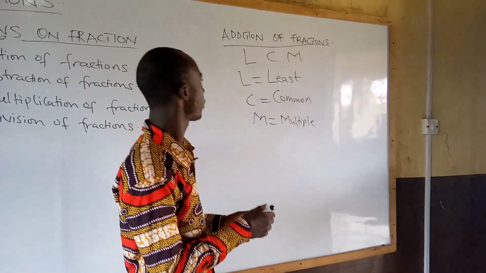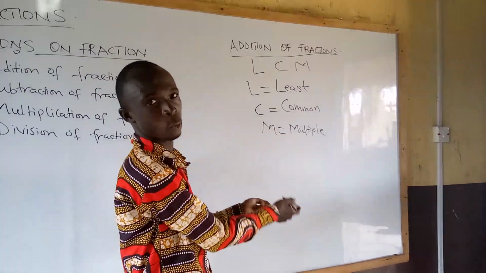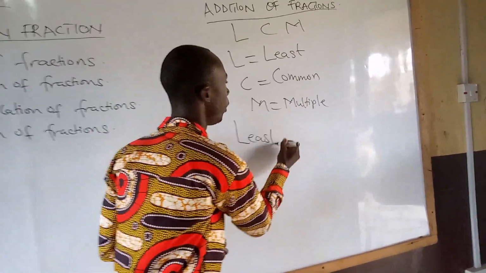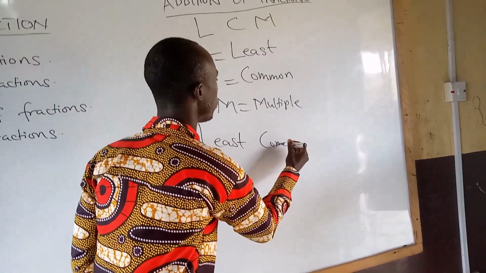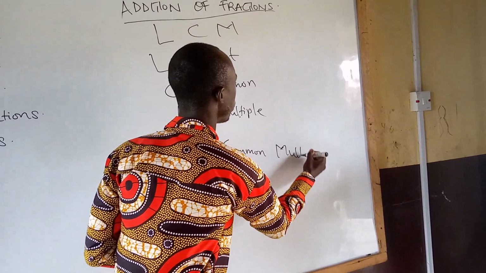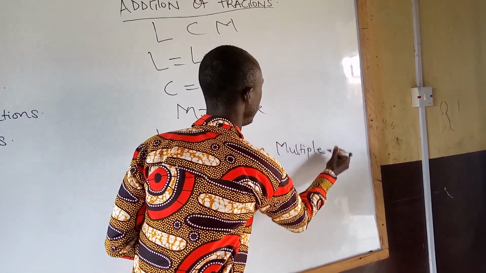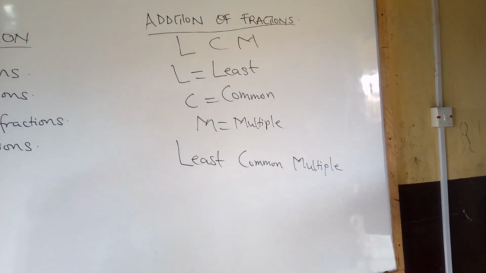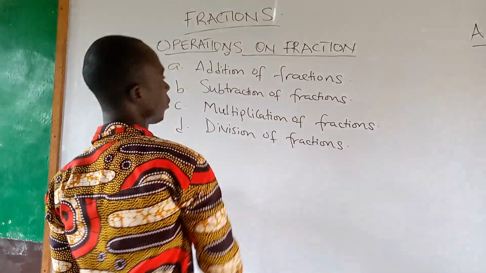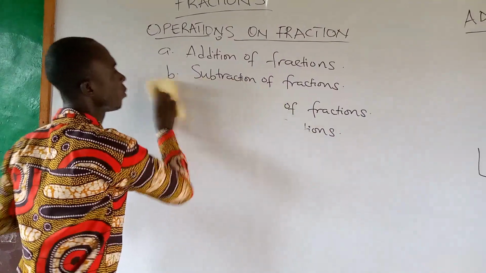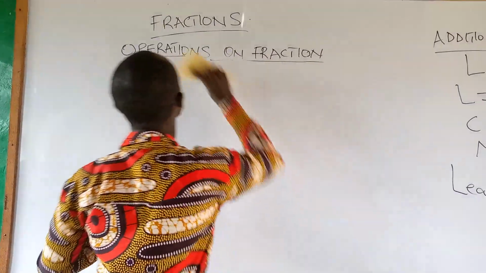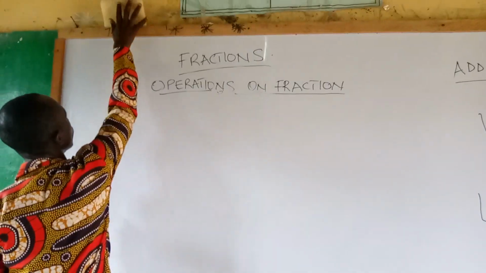So once we combine this one, we call it least common multiple. Least common multiple.